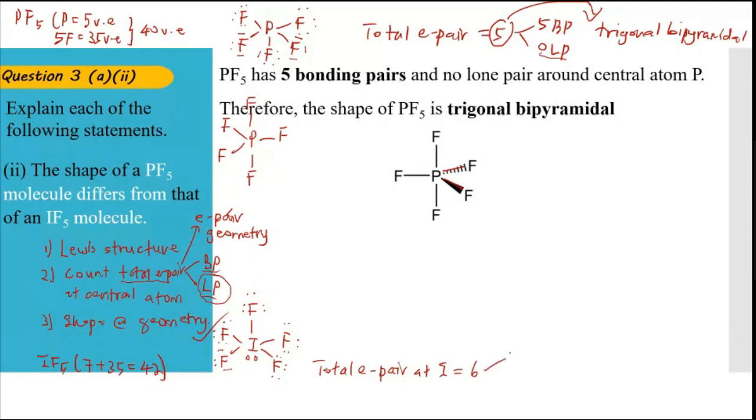Out of the 6, 5 are bonding pair, and then 1 lone pair. So 6 here, electron pair geometry is octahedral. So you draw octahedral. Octahedral is 4 on the plane, 1 above, 1 below the plane.